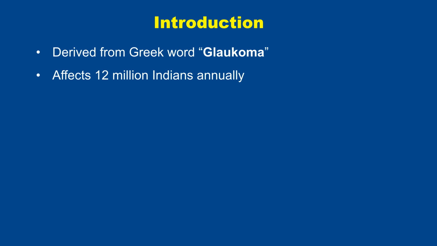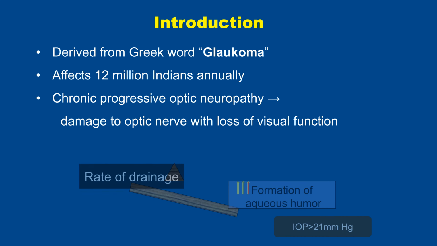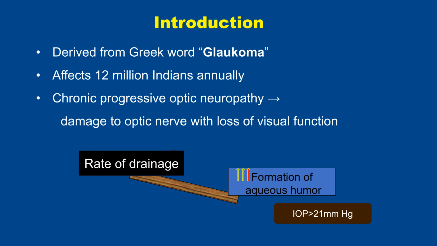Introduction. The term derives from the Greek word, and it affects 12 million Indians annually. Glaucoma is a chronic progressive optic neuropathy characterized by increased intraocular pressure, that is more than 21 mm Hg, and that damages the optic nerve, causing visual loss.